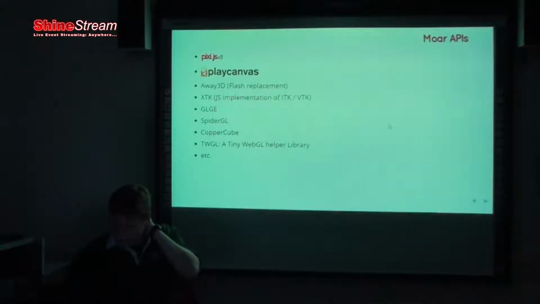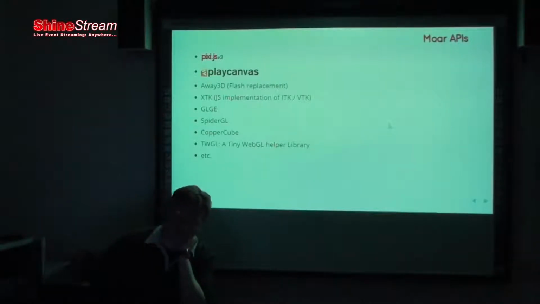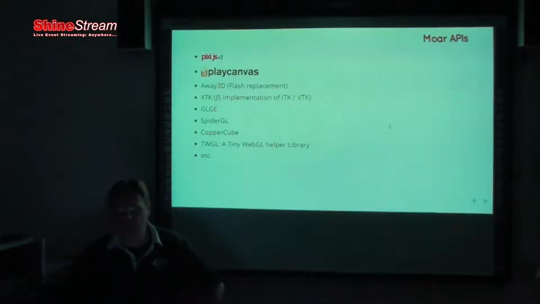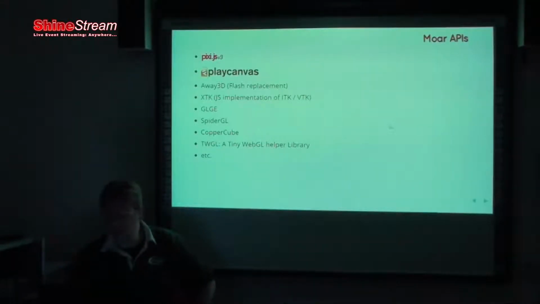O3D, which is in some respects a replacement for Flash. I believe the founder, Rob Bateman, no relation, works quite closely with Adobe, and it's intended for that purpose. XTK is a JavaScript implementation of ITK and VTK, which are the Insight Toolkit and Visualization Toolkit, commercial quality standard visualization tools.